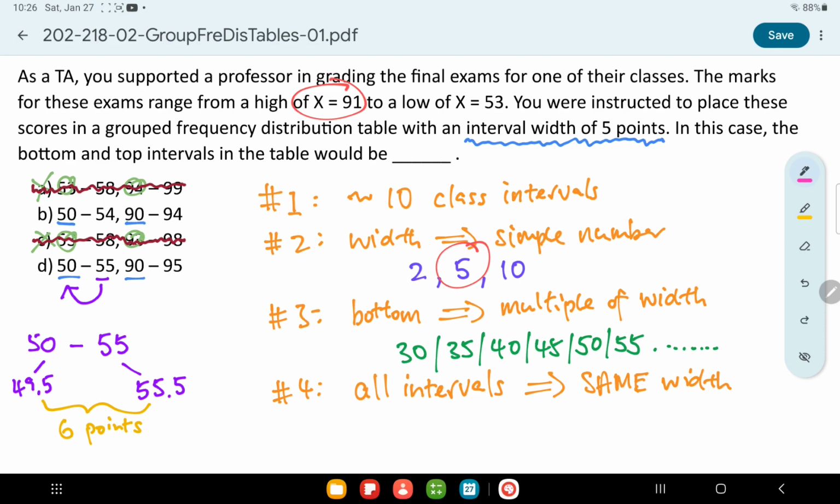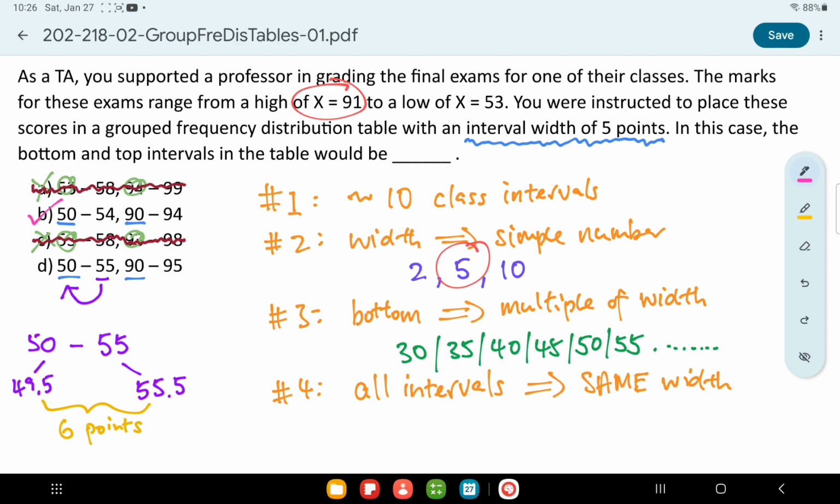And so when fully considering such a concept, B is the best answer. Let's just cross-check the situation. Are we satisfying the first guideline with option B? We are. If we start with the bottom range of 50 to 54, what is the next range? The next would be 55 to 59.